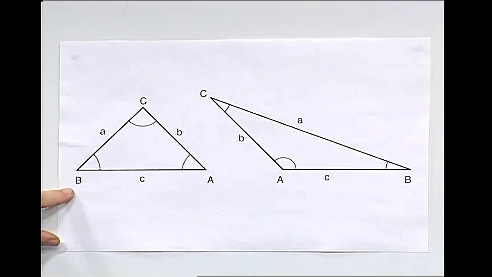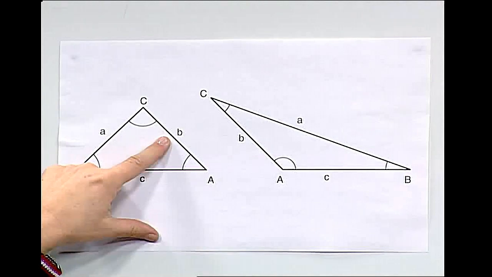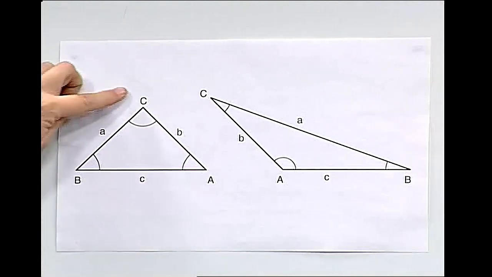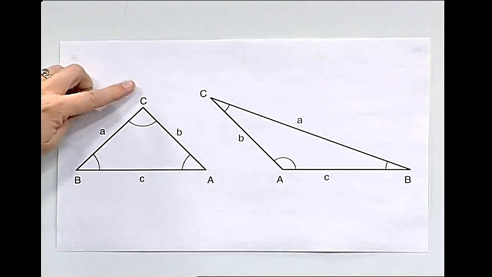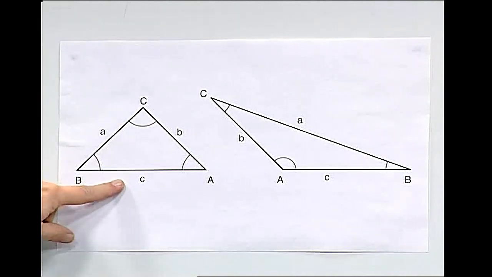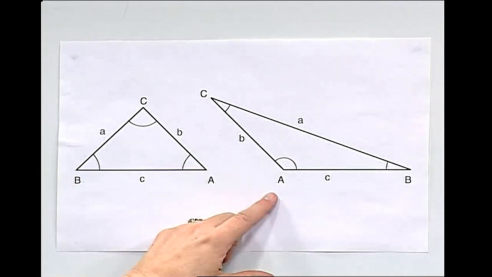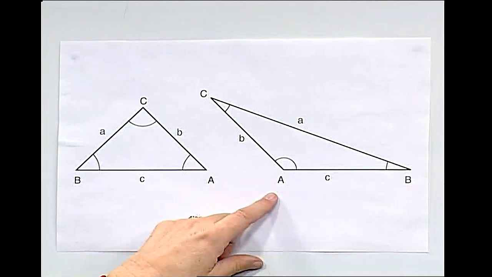Similarly, for angle B, you'll come across the triangle and label the side opposite that angle with a lowercase b. And finally, you'll locate angle C and come across the triangle, labeling the opposite side with a lowercase c.